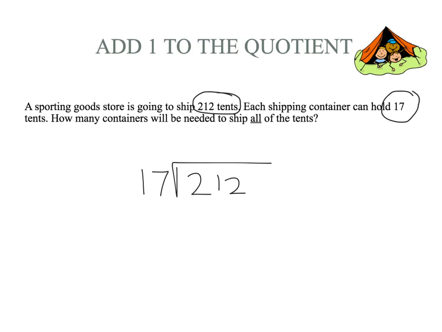So I am looking for how many containers will be needed to ship all of the tents. So let me figure out how many times 17 goes into 212. I know that 17 cannot go into 2.